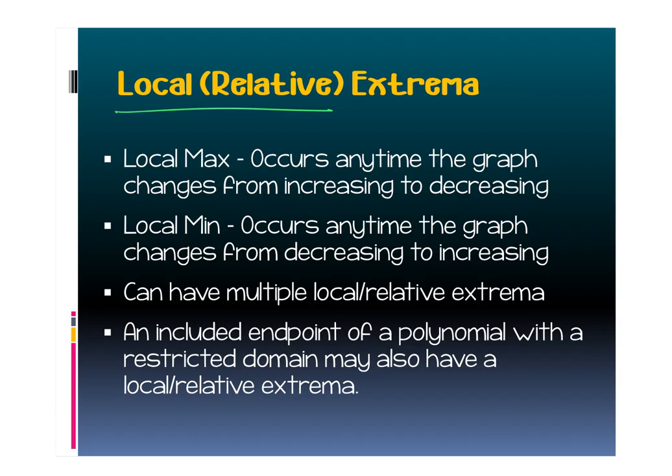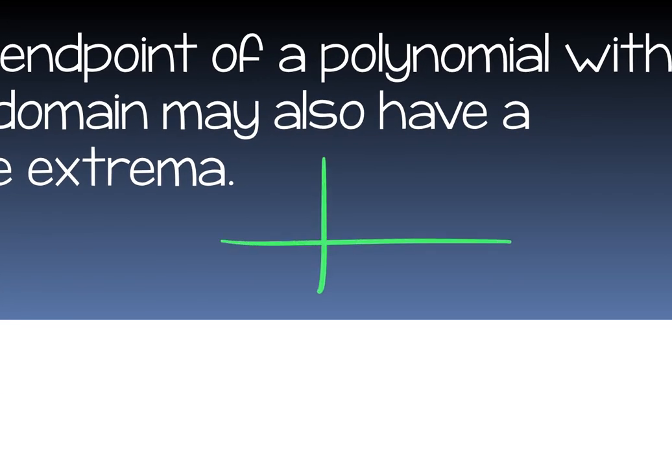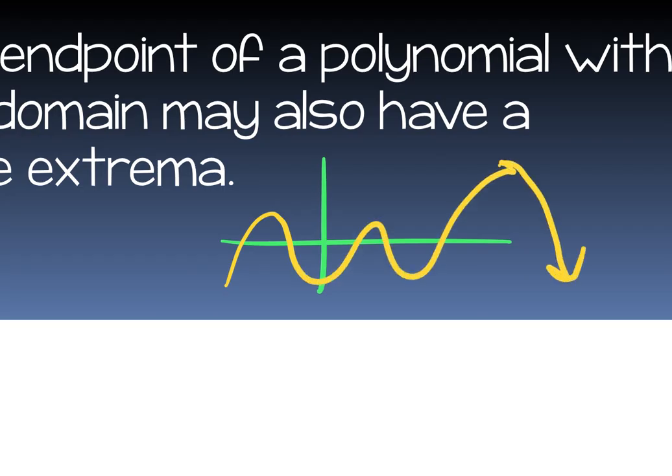And an included endpoint of a polynomial with a restricted domain may also have local or relative extrema. I'll show you what that looks like. If I have a graph drawn, and it looks like this, for example, every time it changes from increasing to decreasing, there's a local max.